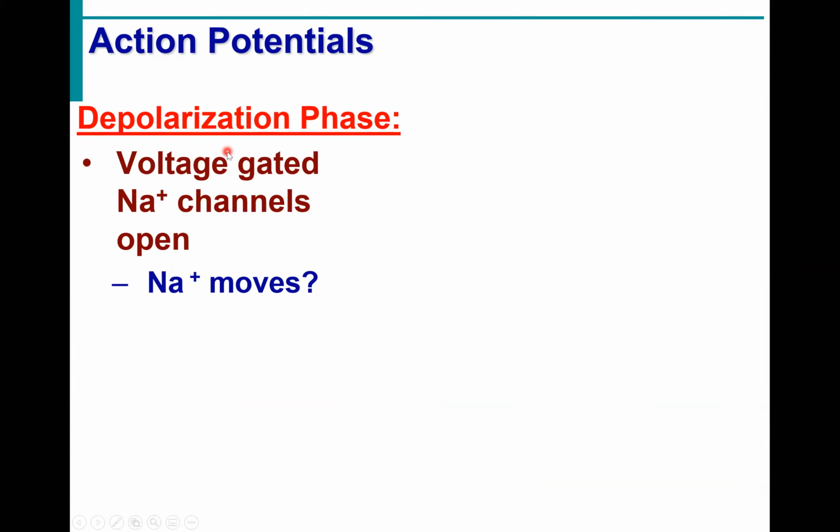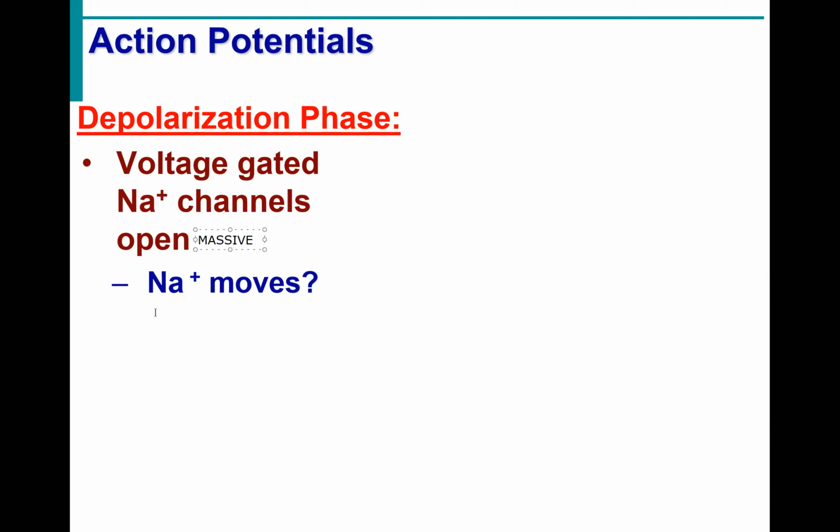So, step 1, reach threshold. Step 2, depolarization. Voltage gated sodium channels open. And remember, we have a massive amount of these. So a massive amount of voltage gated sodium channels open, and a massive amount of sodium enters the cell.